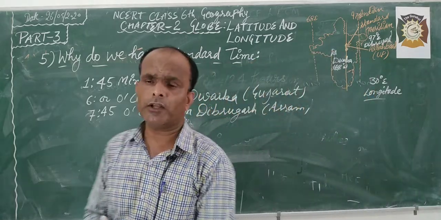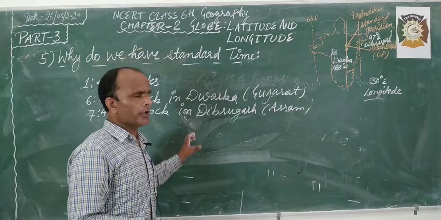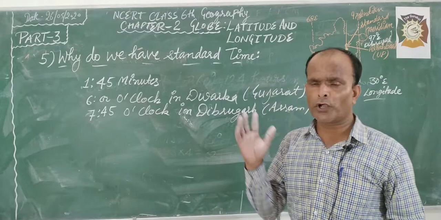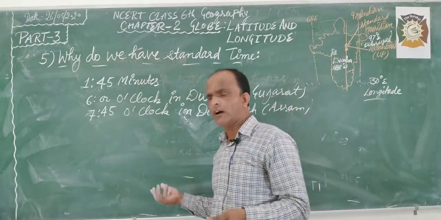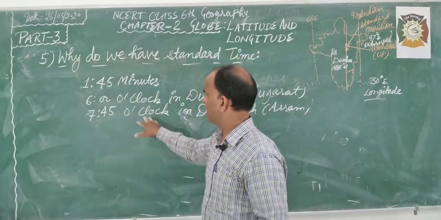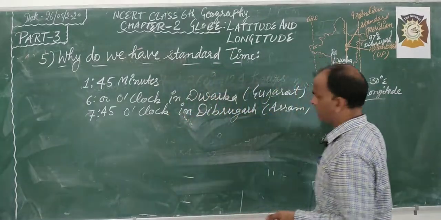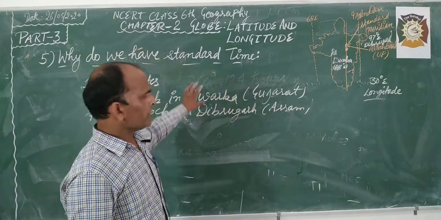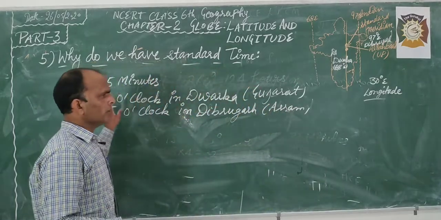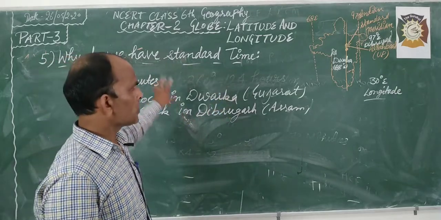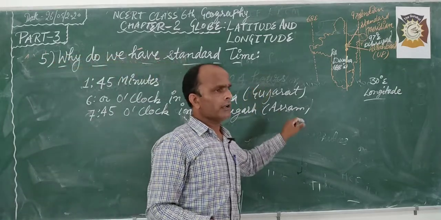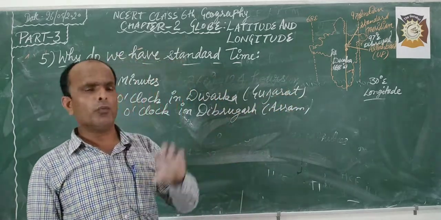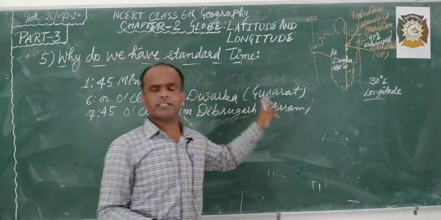You know that if we want to make the timetable of trains, trains cover several longitudes in a few hours. So if we don't make Indian Standard Time, there will be a lot of chaotic situation in the trains' timetable.